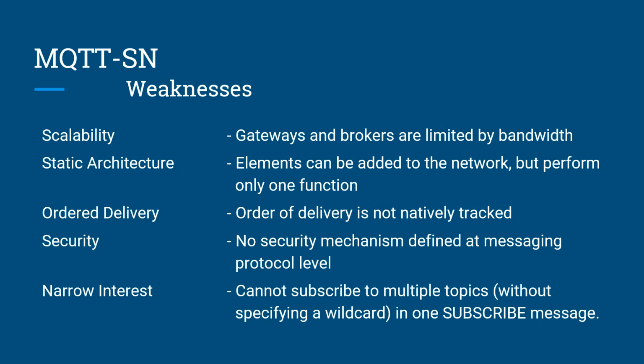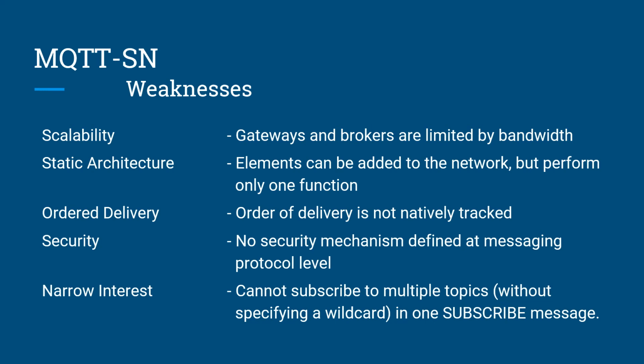That's because the architecture is more or less static. You can add elements to the network, but you have to know what the element is going to do, namely its function as a client or a forwarder, and it can only perform that function in the network.